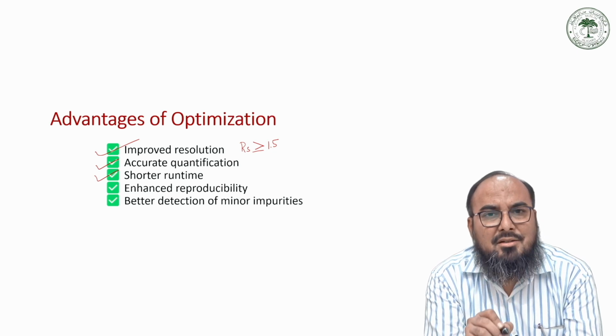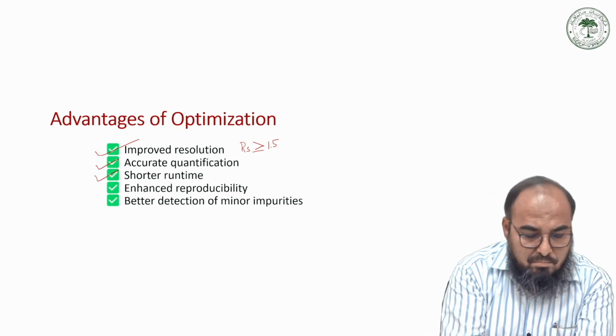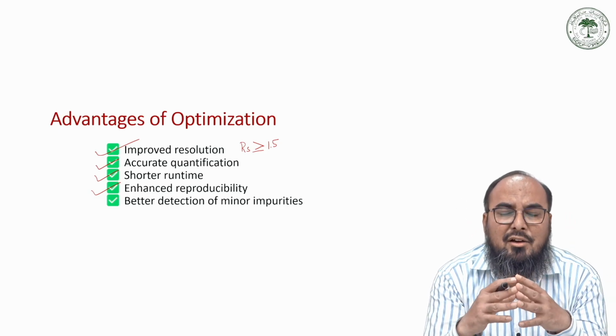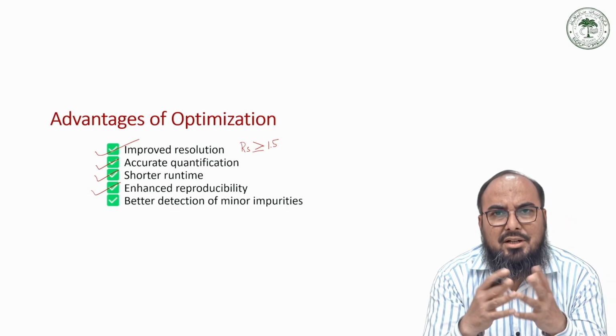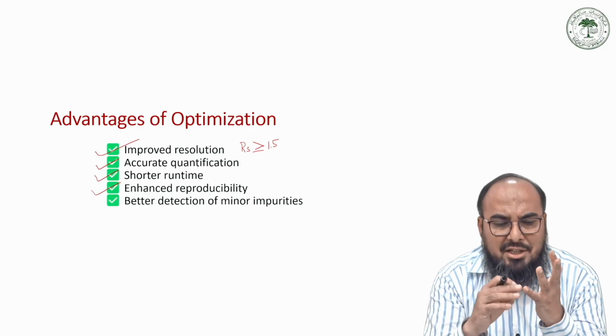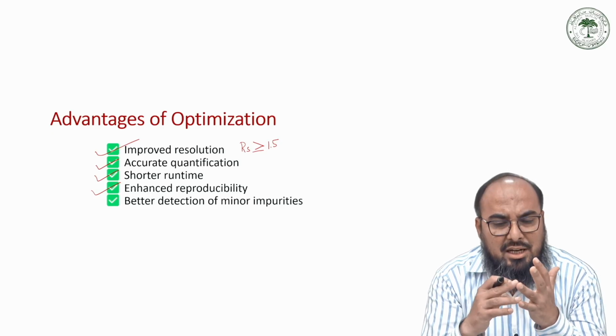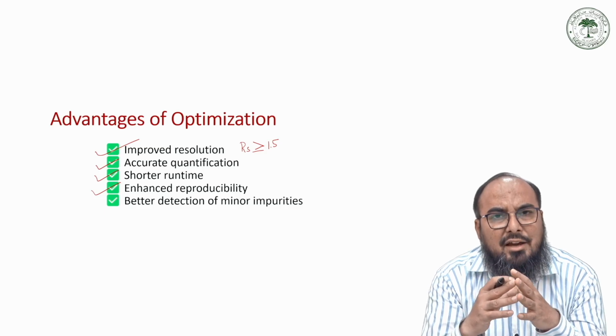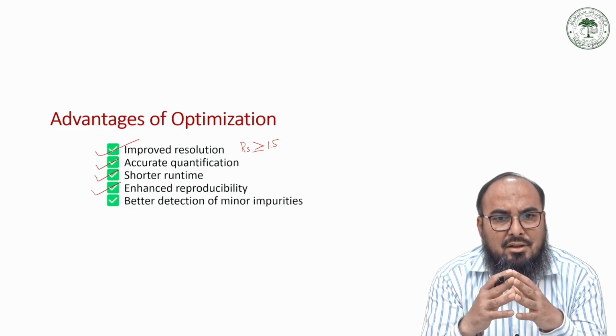An optimized column gives you better reproducibility. For example, if you run 5 or 10 runs, each time you get the same TR1 value, TR2 value, same values of alpha, same values of retention factors, every time the same values.